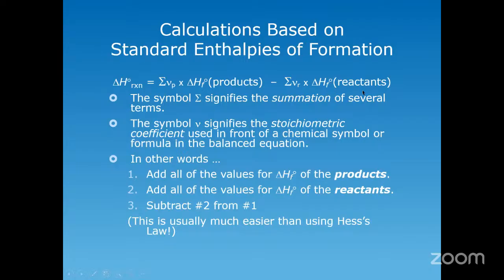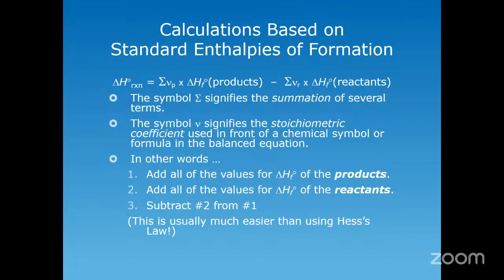It might look a bit complicated, but it's actually quite simple. The standard enthalpy of the reaction would be the sum of the enthalpy of formation of the products multiplied by their respective coefficients minus the sum of the enthalpy of formation of the reactants multiplied by their respective coefficients.